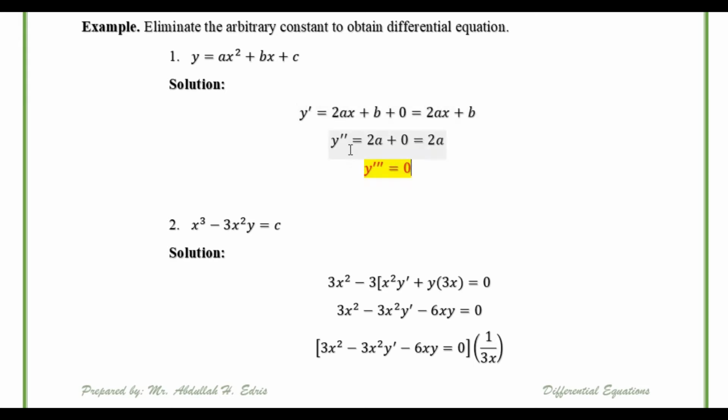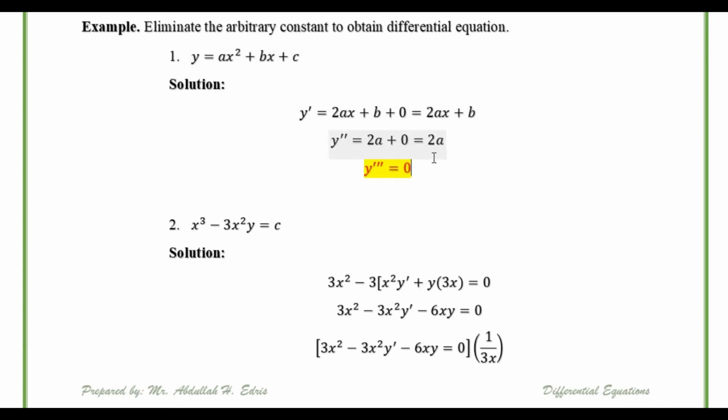Now, the second derivative is this one. The derivative of 2ax is 2a, and the derivative of b is 0. So this is equal to 2a. Next is the third derivative. The derivative of 2a is simply 0. Therefore, this is the corresponding differential equation of this given function or relation.